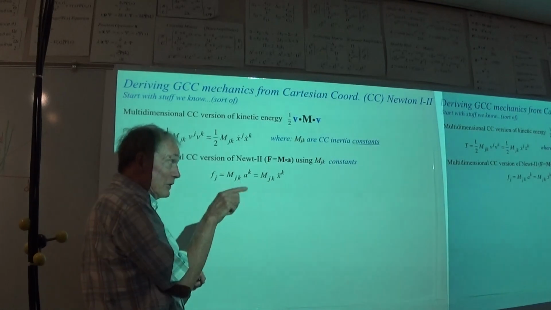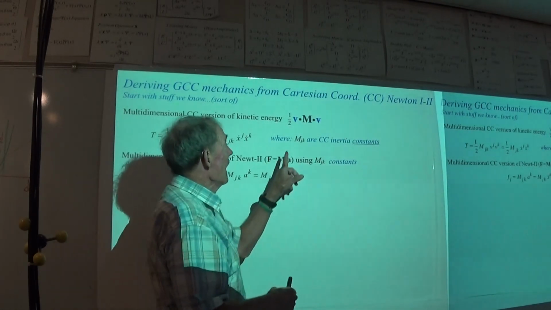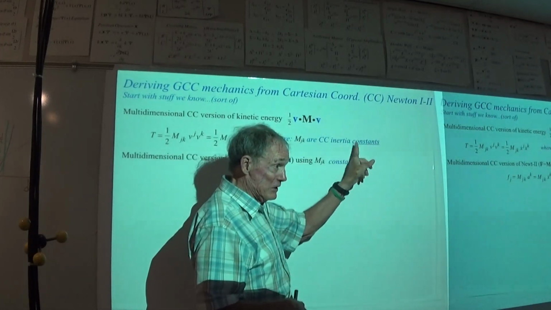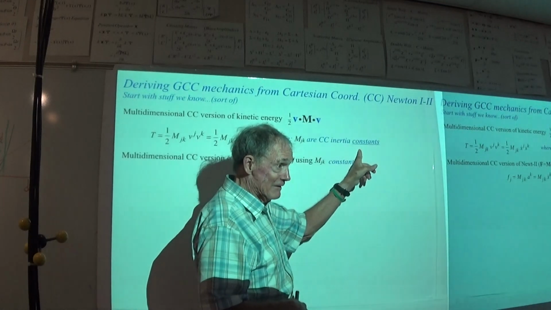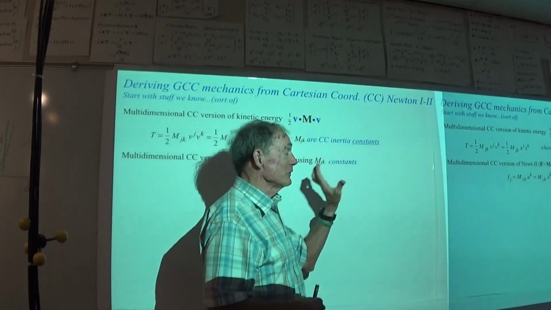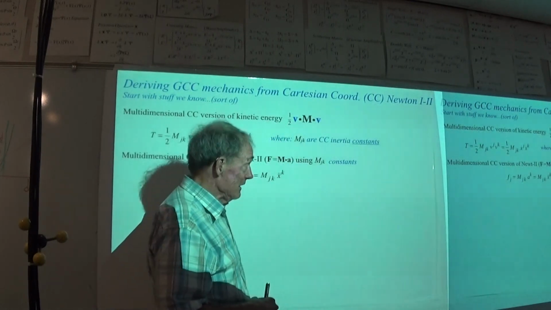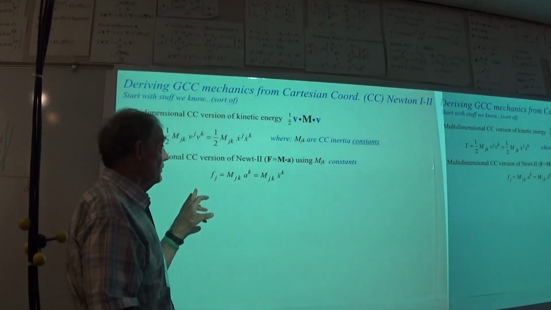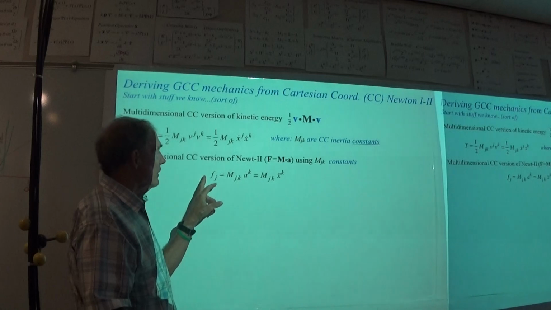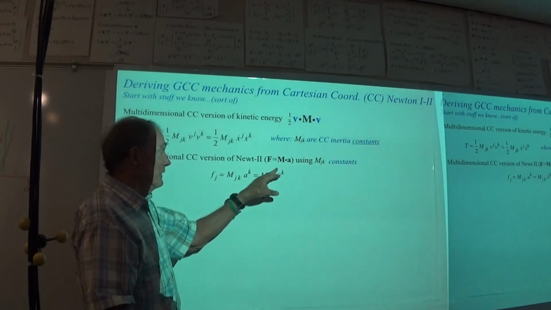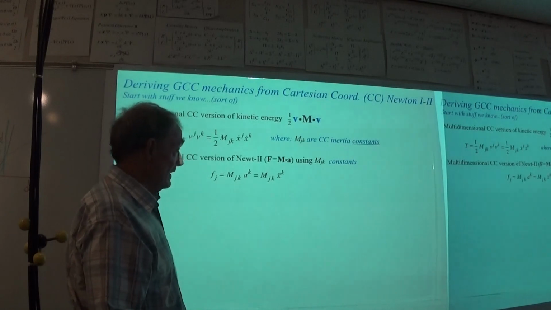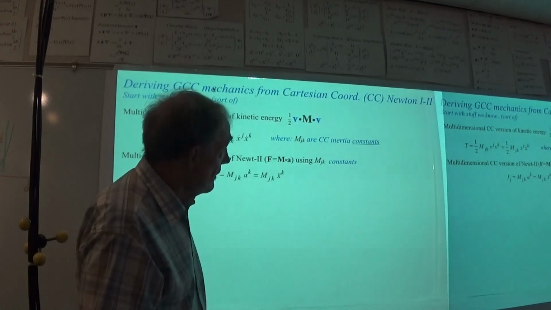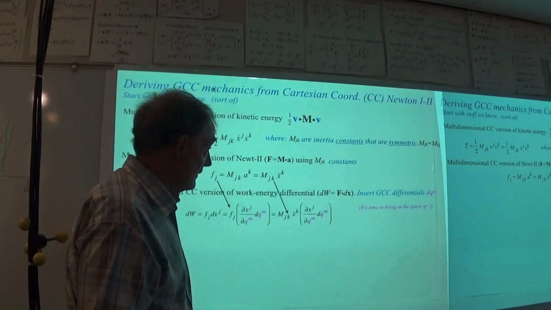But in order for me to get what I want today, I must have the Cartesian version of the mass matrix be constant. I don't want it to be a function of where you are. Now, if it is a function of where you are, you've got to start over. But we're going to take that thing just to make things the way they are in most derivations of this Lagrangian system. So what we've got here is the F equal ma equation written in Cartesian land, okay? And we're going to try to bring that up to date with GCC, okay?